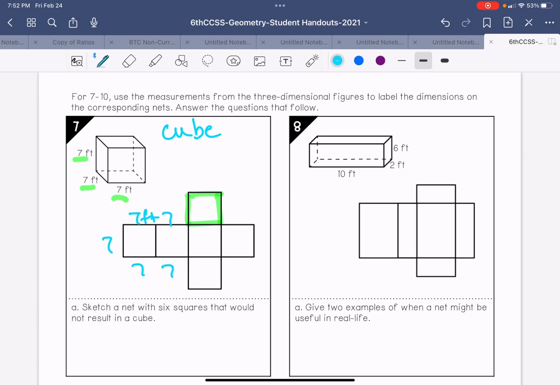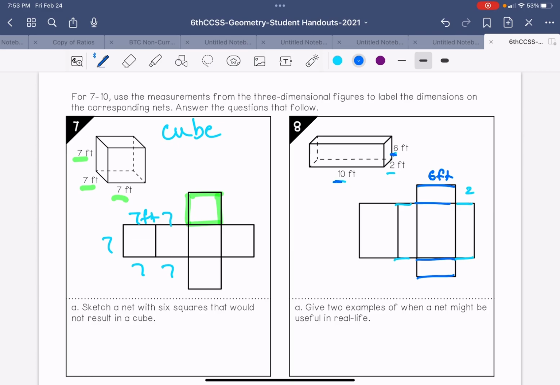If I look at number 8, they give me 10, 2, and 6. So I can tell that these short lines are my 2s. They're going to be 2 foot. The 6 foot are going to be this one, this one, this one, and this one.